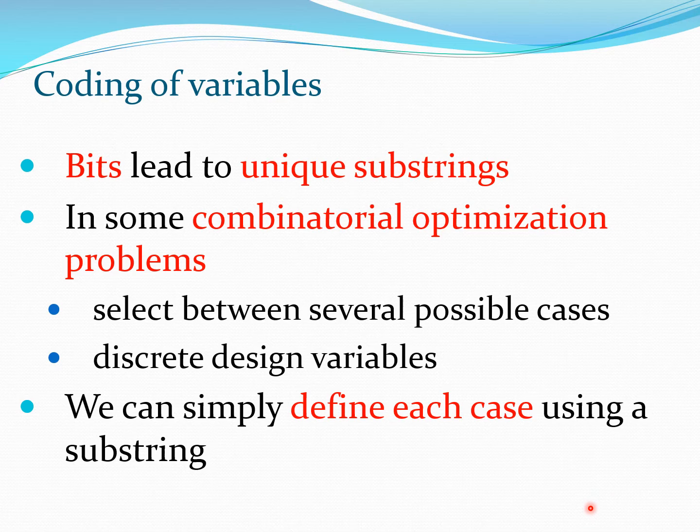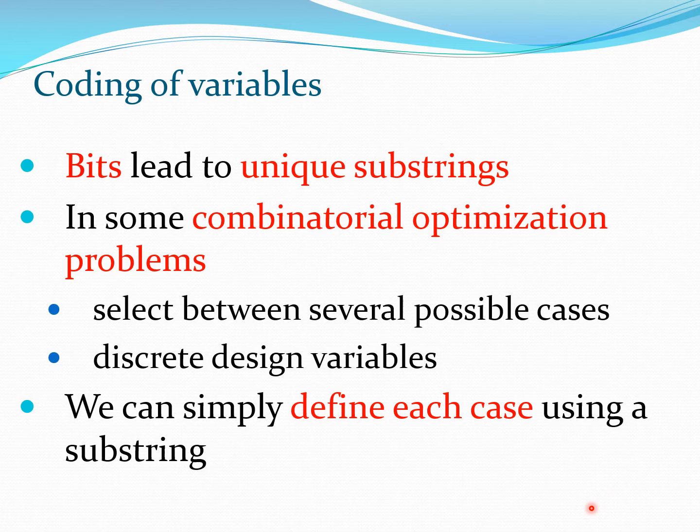Now we see that when we choose these bits, we get unique substrings. And here we are referring to those particular components as substrings, such as 0 0, 0 1, 1 0, or 1 1 in the 2-bit case.